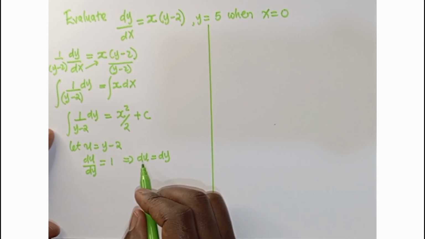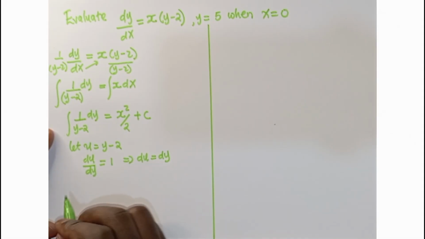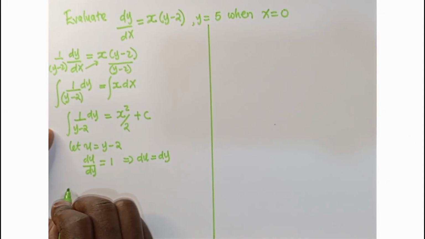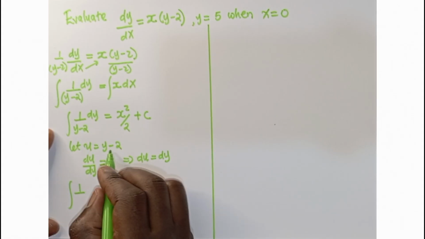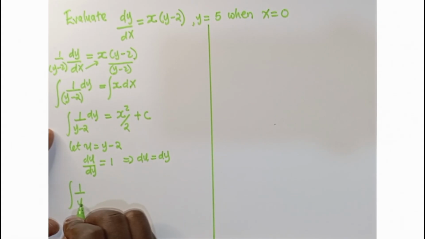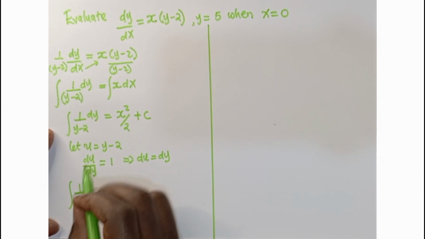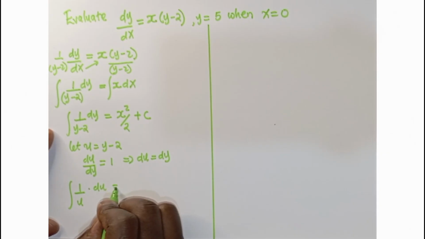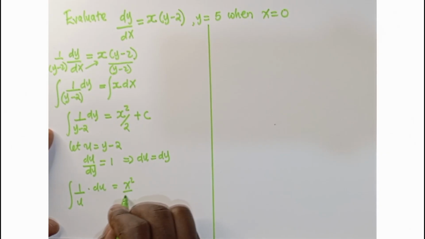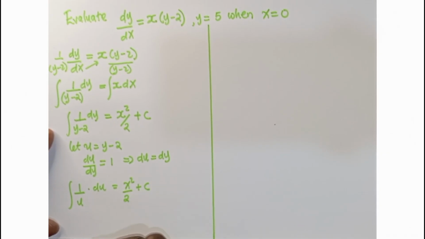Now, when we put this back here, we shall have the integral of 1 out of u, since y minus 2 is now u, times dy, which is now du, is equal to x square out of 2 plus c.